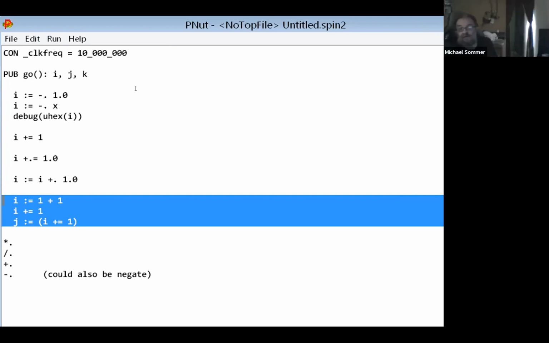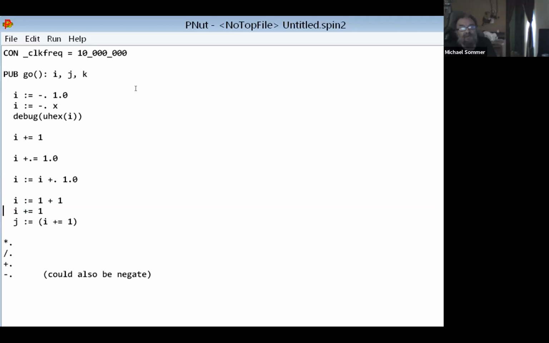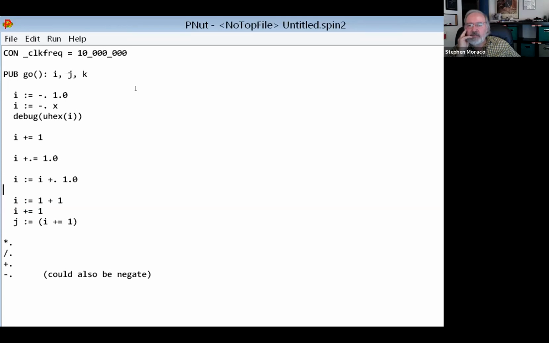On the other hand, I plus equals 1 could be expanded to the form I equals I plus 1. You can expand the code to the same form. But Michael, what you're saying is that he doesn't have the expansion and reduction pass in the interpreter. Right. So it can't be done. What you see is what you get.